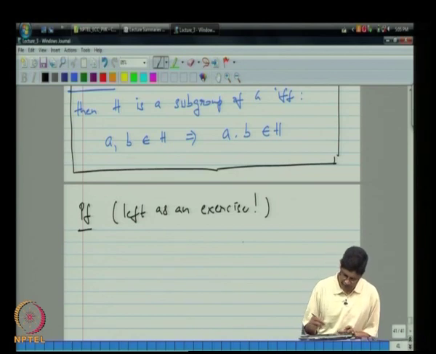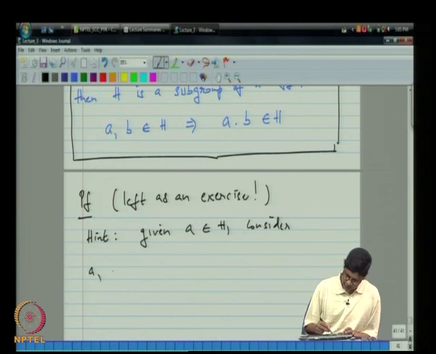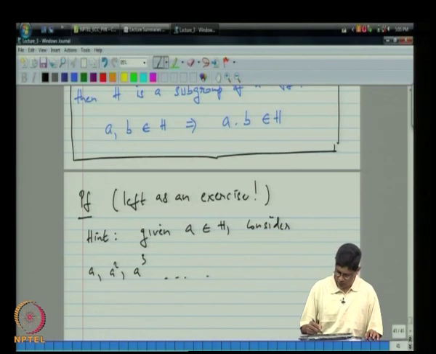And perhaps as a hint, I will ask you to consider, given A in H, A squared, A cubed, and so on.